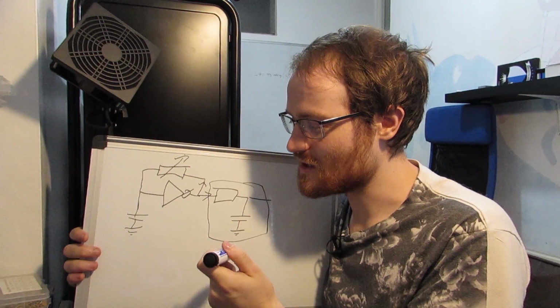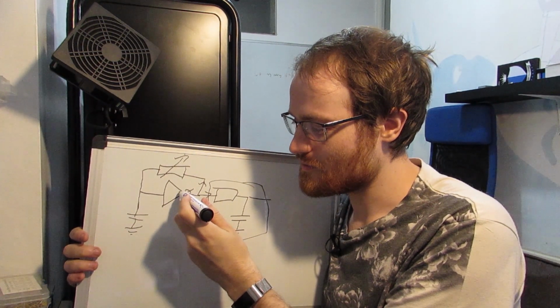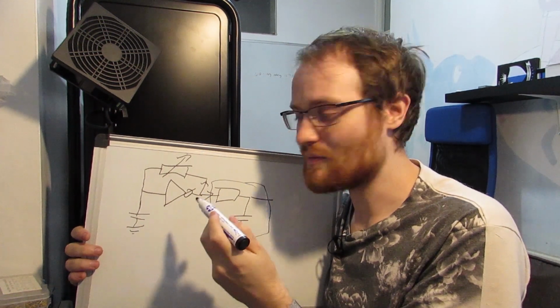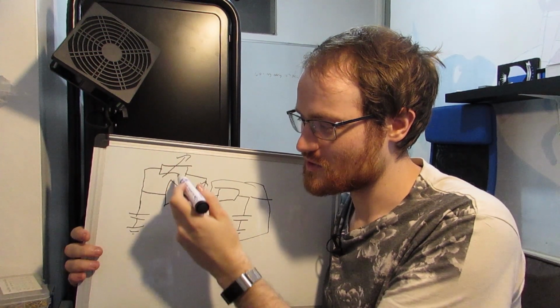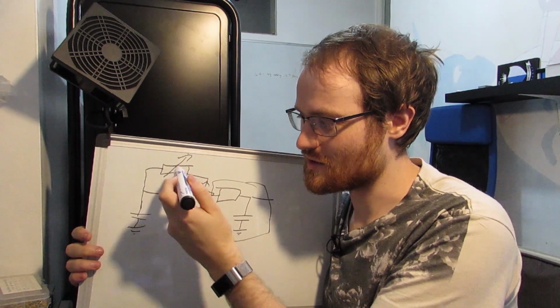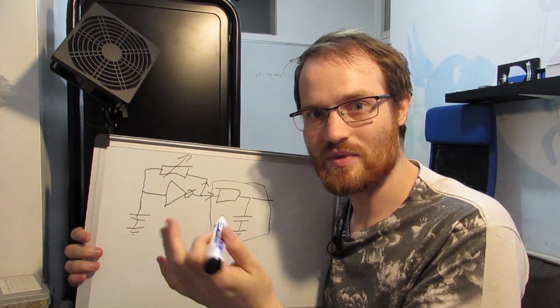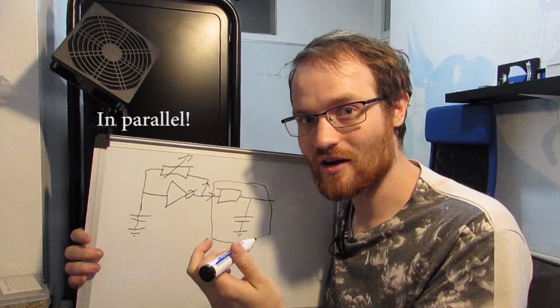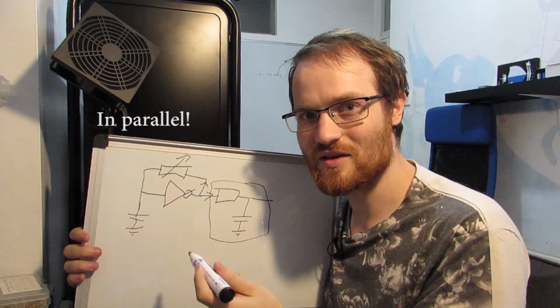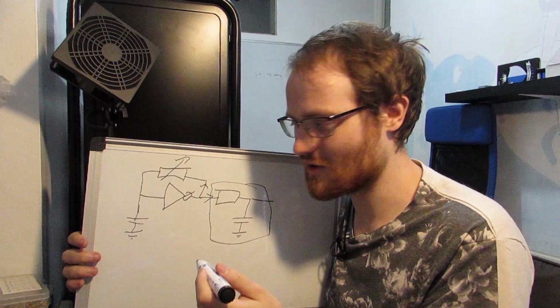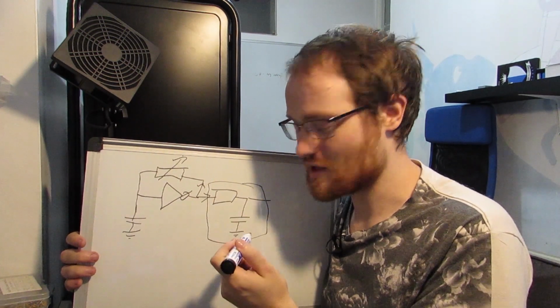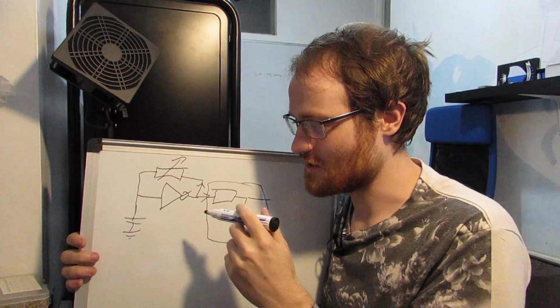The output impedance of this is the output impedance of this op-amp, because the op-amp is short-circuiting this impedance. The output impedance of an op-amp is in the tens to hundreds of ohms. And we know that this is 1.5k, and I'll go into that in a second.